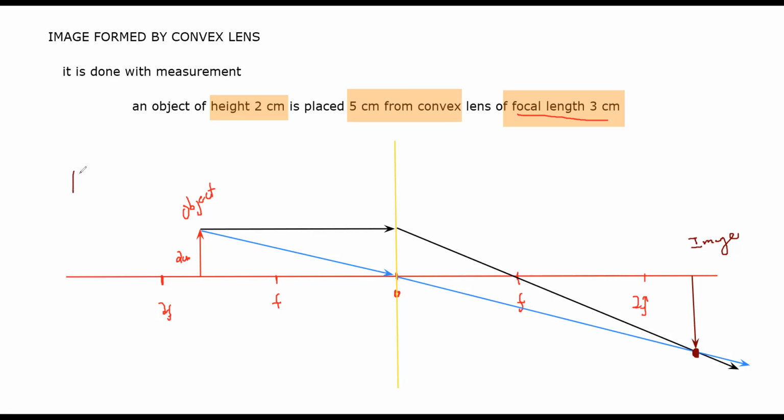For example, if this was a candle, you light up the candle in front of a lens, but when you are looking at the image, it appears upside down. An inverted image is there. This is a characteristic of the image formed by a lens, that object and image are always inverted of each other.